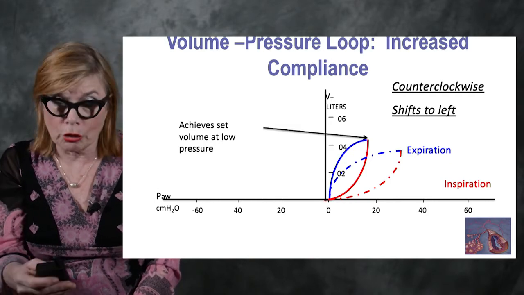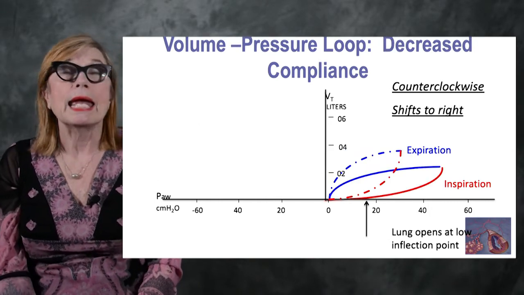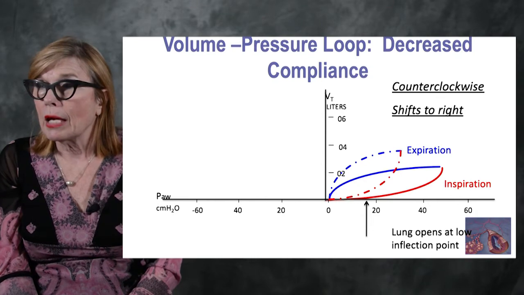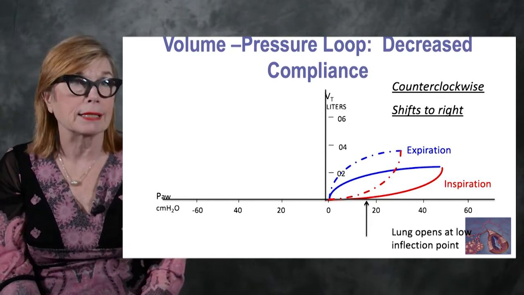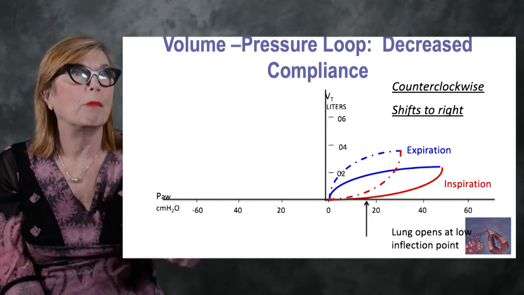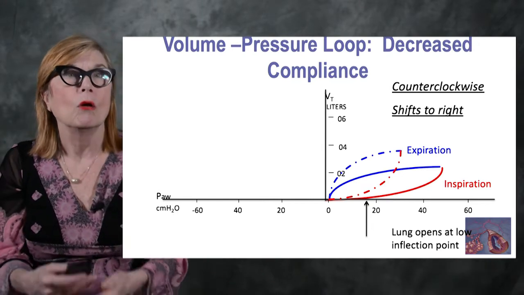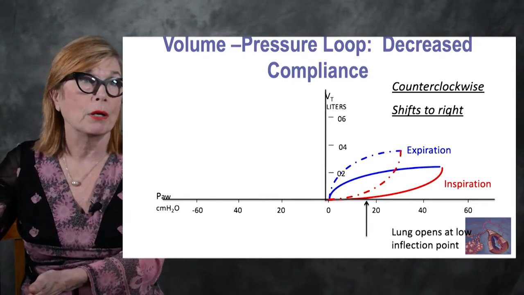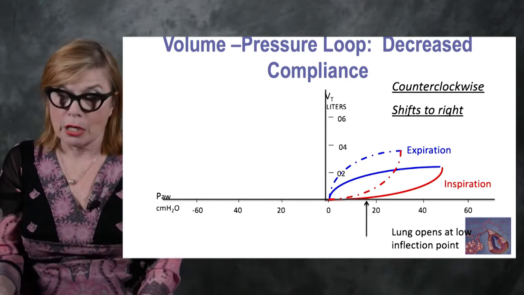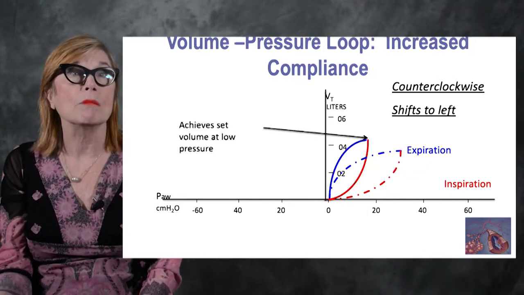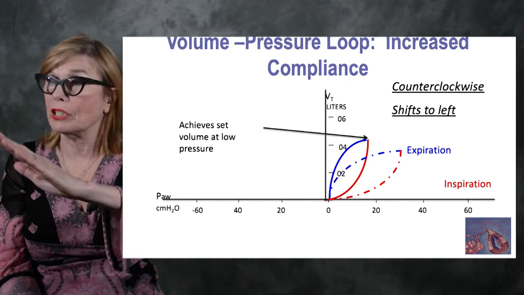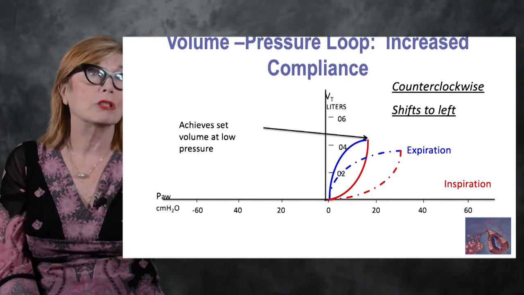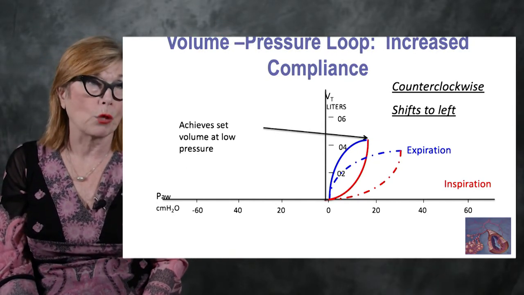What I want you to look at is in the ARDS lung, in the COVID ARDS lung, in the profound pulmonary fibrotic lung, what you have is a shift to the right in the volume pressure loop. And what your goal is to attempt to shift it more towards normal, which is the dotted line, or even to the left, which is the increased compliance line.